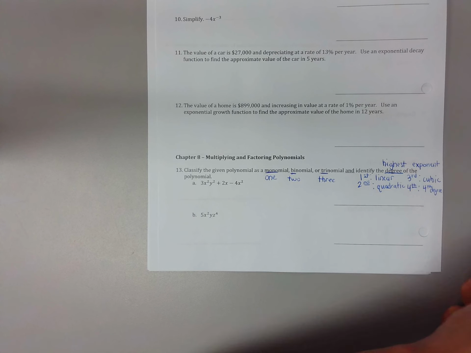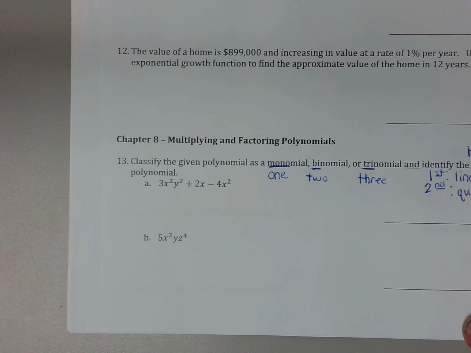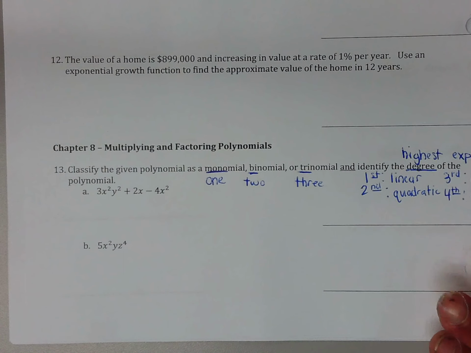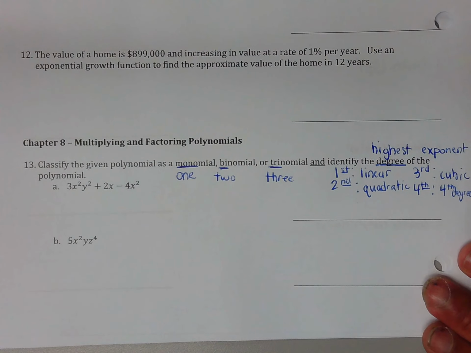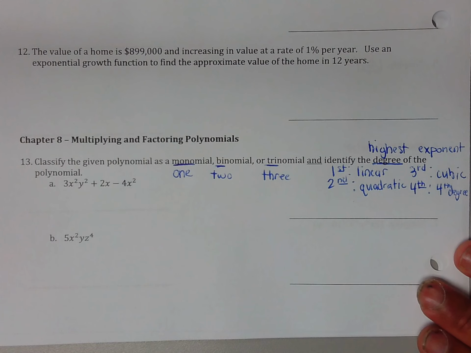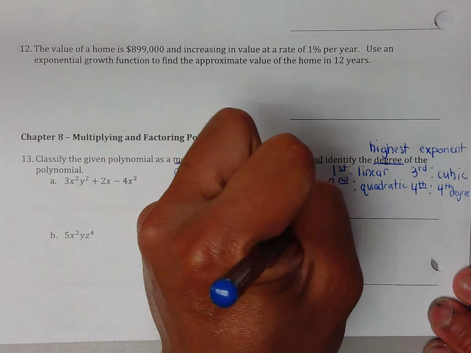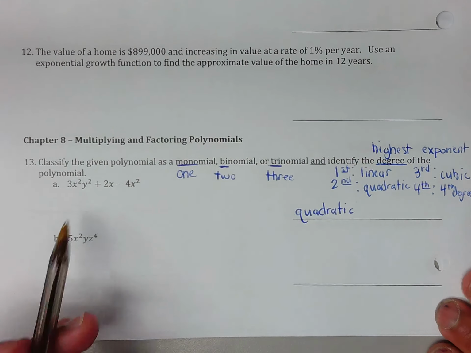All right, so let's try to see letter A. We have 3x squared y squared plus 2x squared minus 4x squared. So here, clearly, our highest exponent is going to be 2, right? So we say degree of 2. So we say it's a quadratic. And then how many terms do we have?